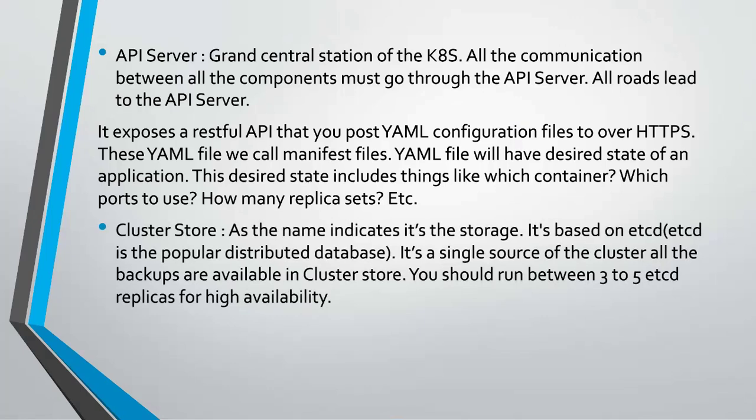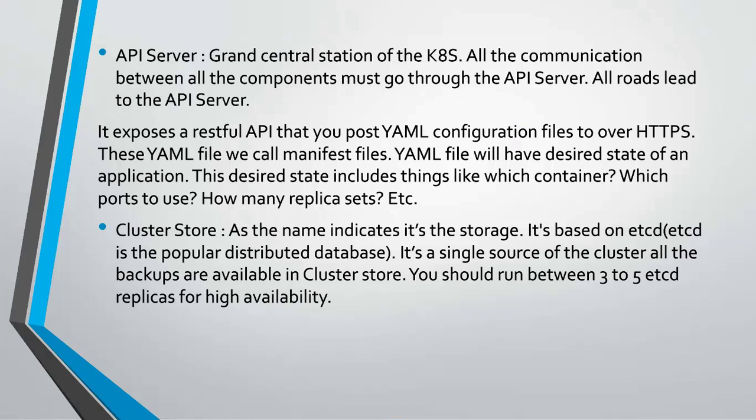Then what is the cluster store? There is another main component of Kubernetes, the cluster store. As the name indicates, it will store the data. All the information, whatever YAML file configurations you are sending through the API server, including the cluster information, everything will be stored in the cluster store component, and it is based on etcd.